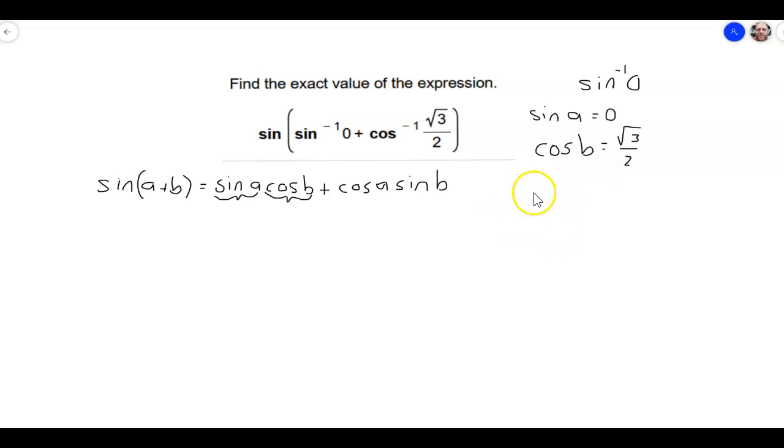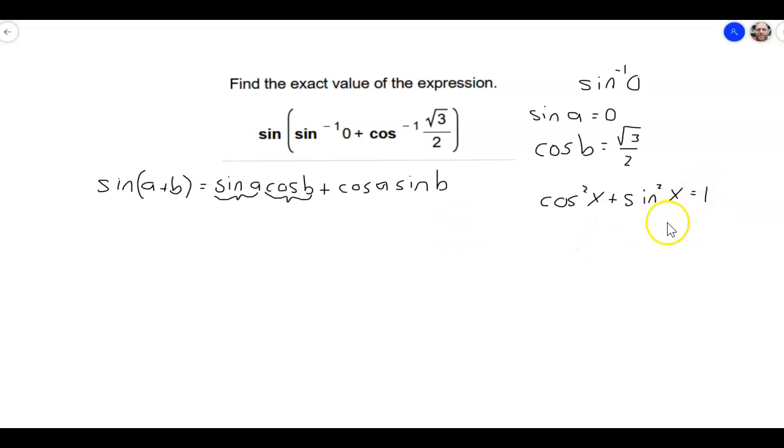I'm going to use x for this, so we can keep it slightly ambiguous. The Pythagorean identity tells us that the cosine squared of x plus the sine squared of x is equal to 1.